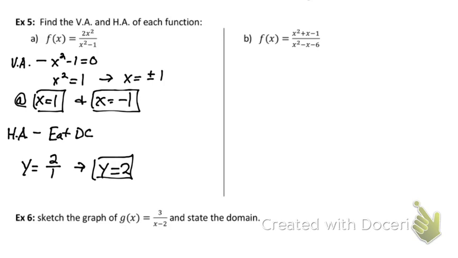All right, next one we have x squared plus x minus 1 over x squared minus x minus 6. What I always do is write this in its factored form right off the bat to see if we can do it. So I'd write my denominator as 2 factors, and then look to see if I can factor our numerator too.